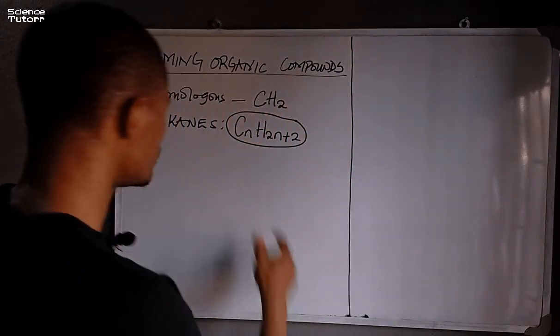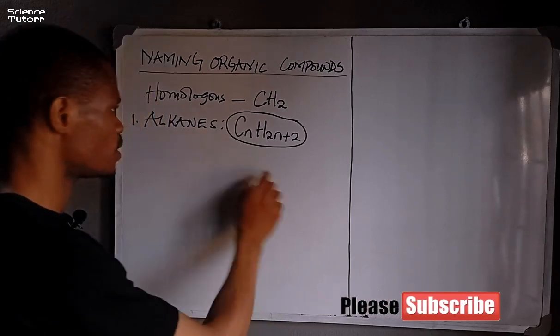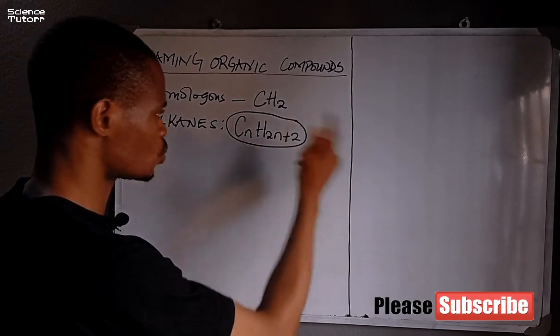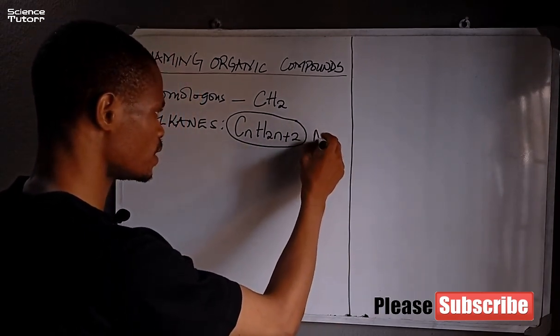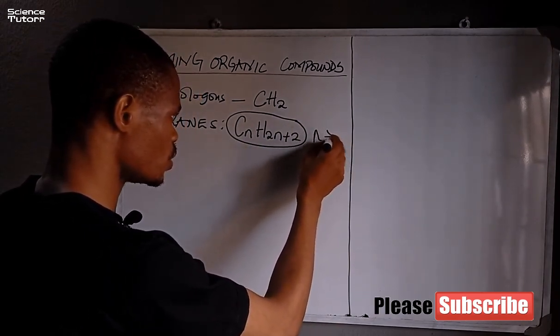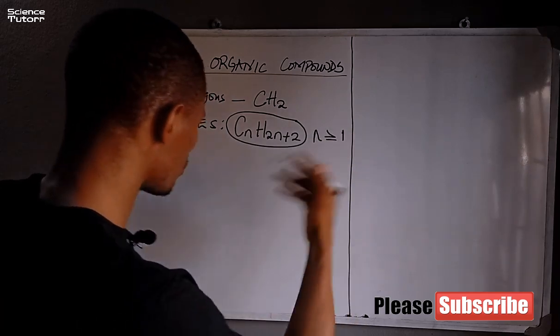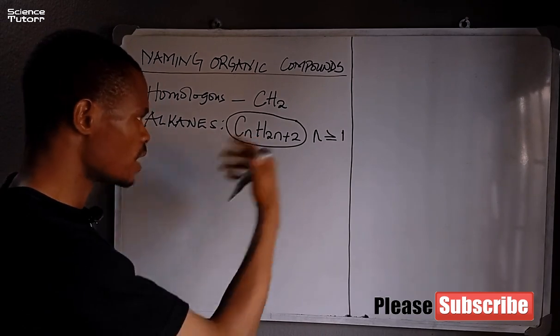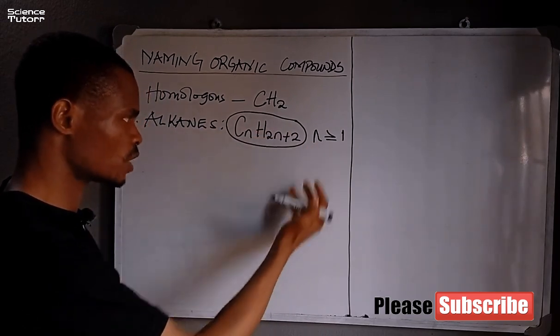For example, in the alkanes, I know that the formula is CnH2n+2, where n is greater than or equal to 1. So for successive values of n substituted into this formula, I can generate the members of this family.